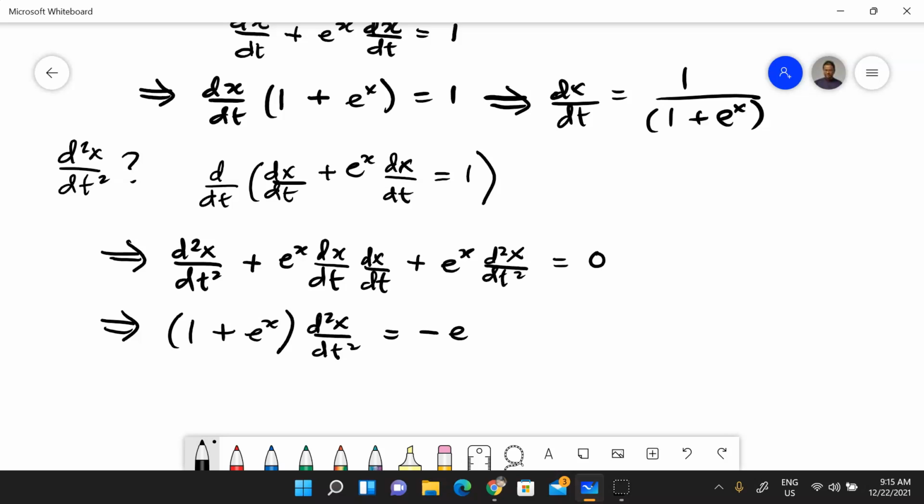So this is minus e to the x, and then this multiplied by itself gives me the dx/dt squared. But the dx/dt we have essentially already calculated, so this will give me e to the x times 1 plus e to the x, squared.